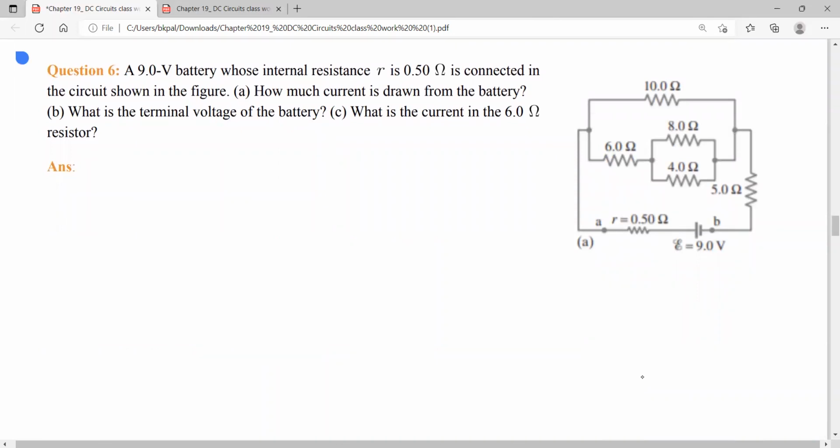Let me do this, and the rest of the problem I will do in the next lecture. So this is the last one for this lecture.